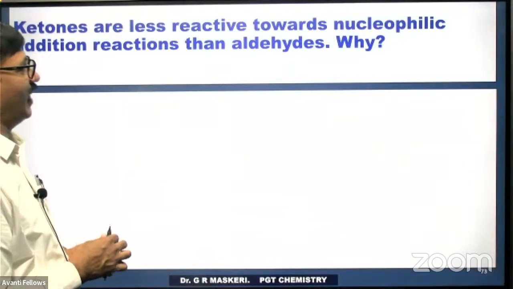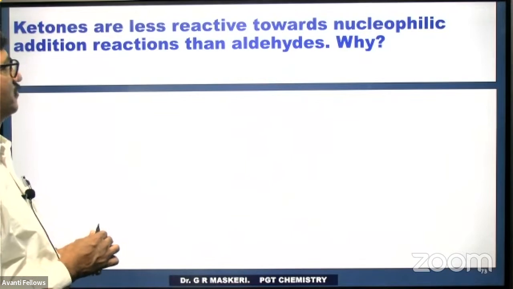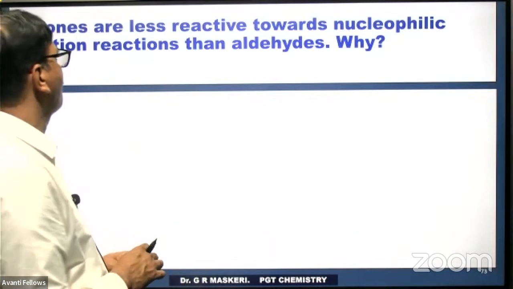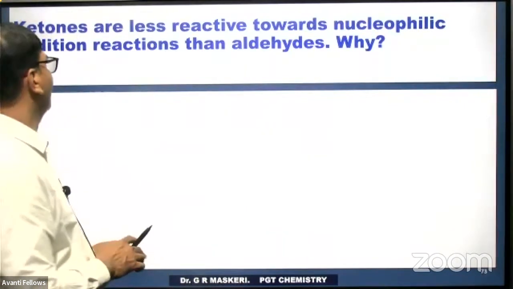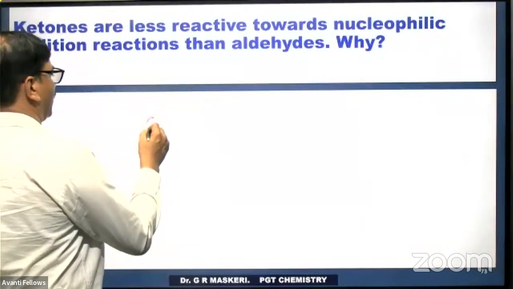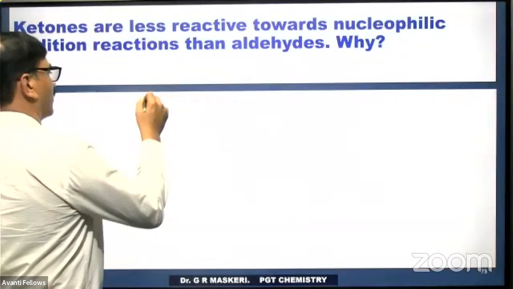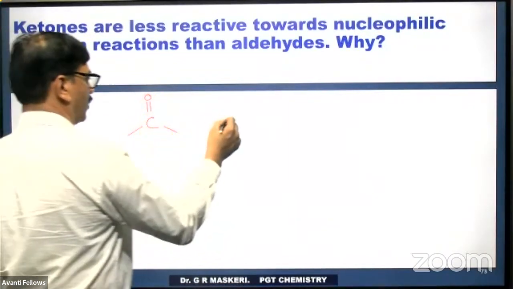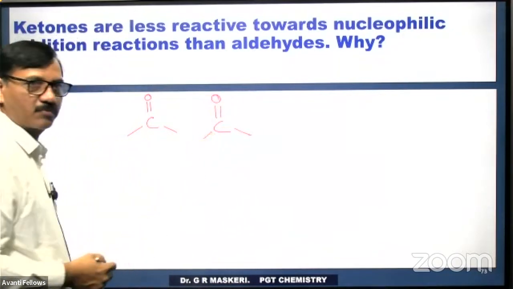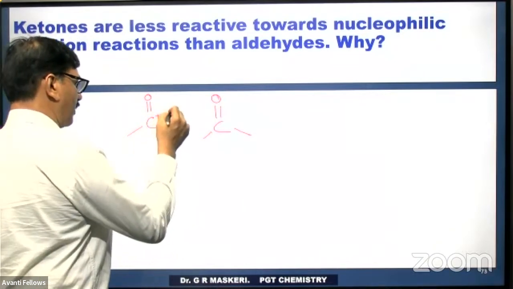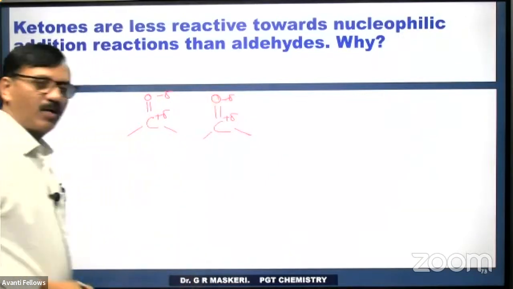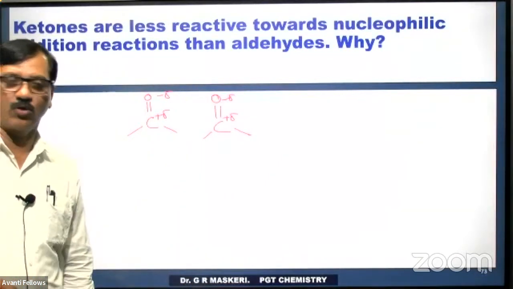Ketones are less reactive towards nucleophilic addition reactions than aldehydes. Why? Ketones also have this carbonyl group, and aldehydes also have it. The carbon has plus delta and the oxygen minus delta, because of the electronegativity difference, as I told you.